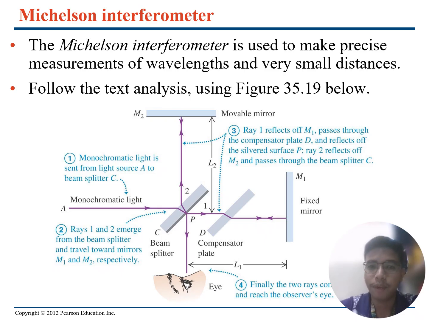When the beams meet again, they interfere, producing a pattern that is highly sensitive to even the smallest changes in path length. By analyzing shifts in the interference fringes, scientists can measure wavelengths, refractive indices, and distances with extraordinary precision.